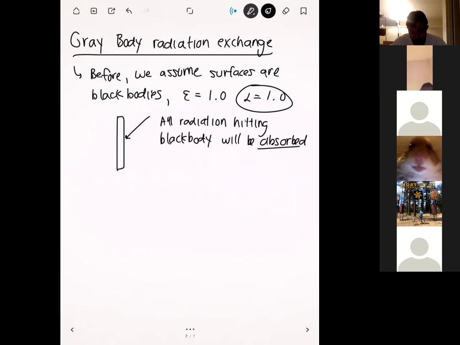Real surfaces aren't like this. Whenever radiation hits a real surface, a lot of it can be absorbed, but a lot of it can also be reflected and it can also be transmitted. For simplicity, we're only going to consider reflection.